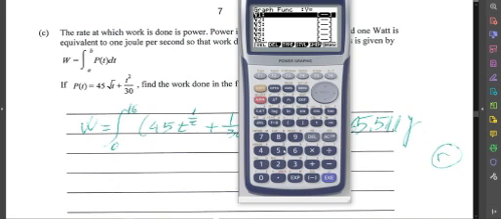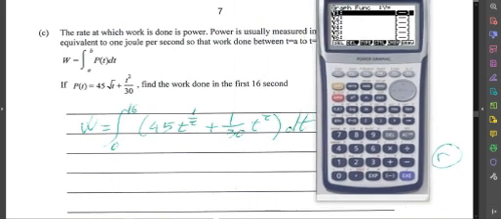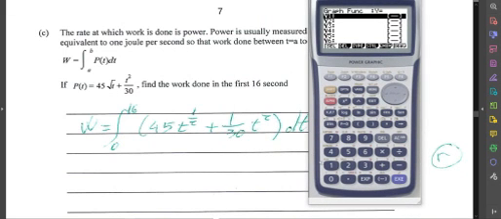and enter 45 square root of x, plus 1 over 30 x squared.